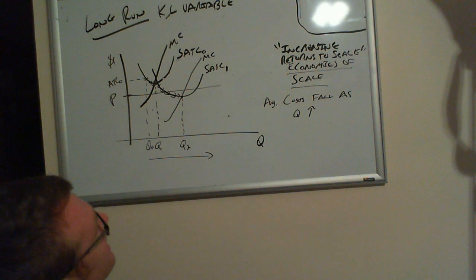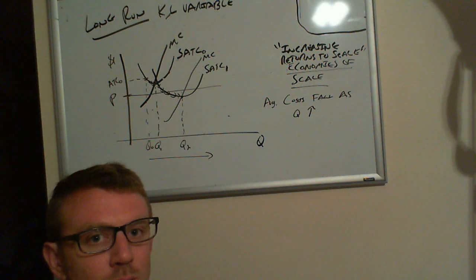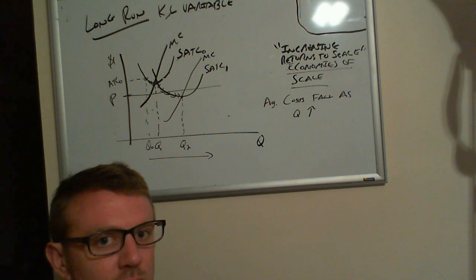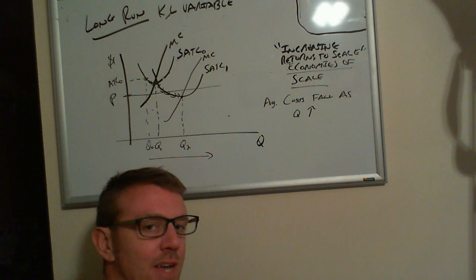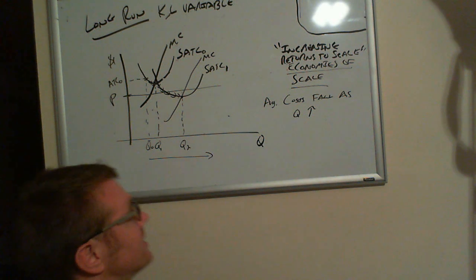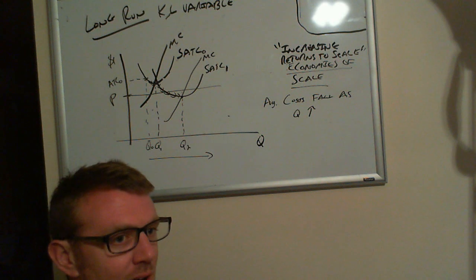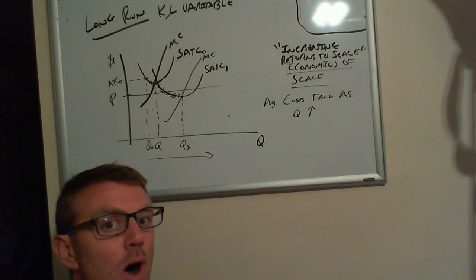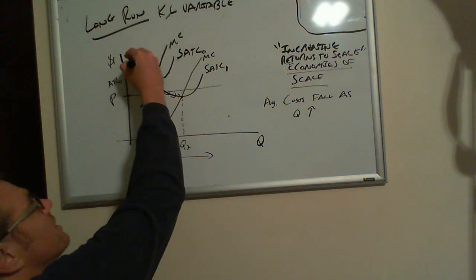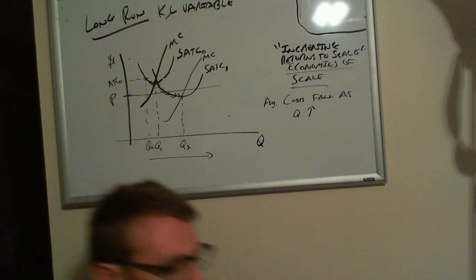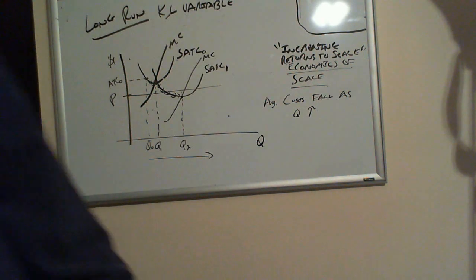Technically there's an infinite number of those short-run average total cost curves that the firm could get at by choosing different combinations of labor, capital, and size. If we want to draw a line connecting a place on all of those curves, pardon me, I'm going to grab another color marker to help with this.